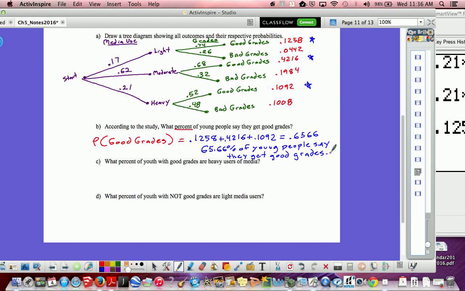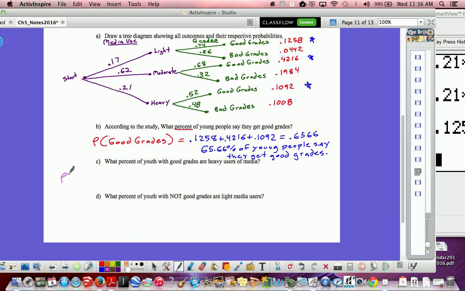Let's see, what's a color we haven't used? We haven't actually used hot pink here. Now we get into a little bit of conditional probabilities. It says, what percent of youth with good grades are heavy users of media?